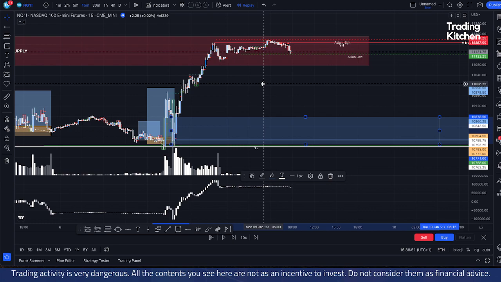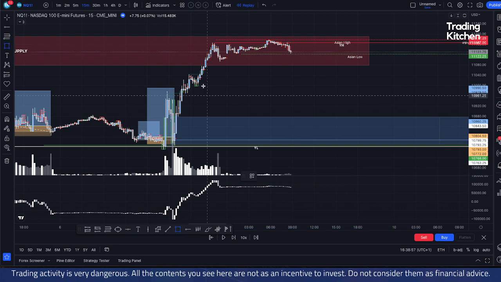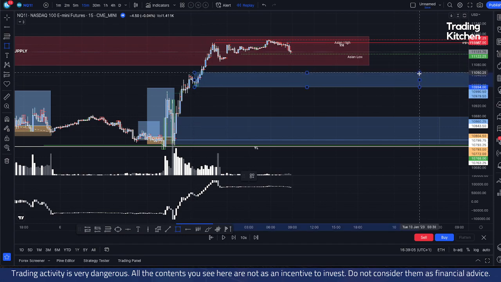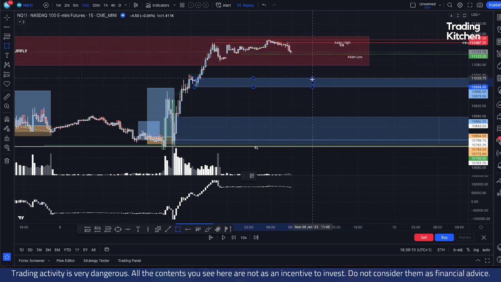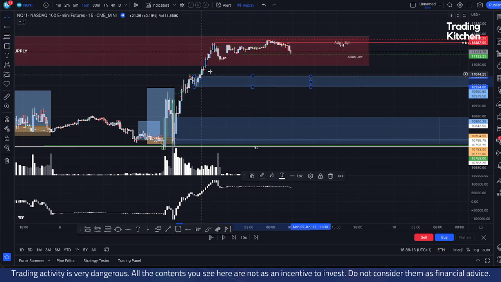So this is the first supply zone. This one could also be good, because we have imbalances, we have an untested POC, to be honest. I just want to be conservative. I don't take this POC because the stop loss would be very far.